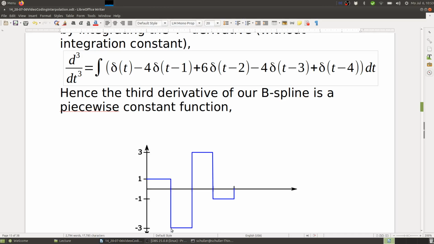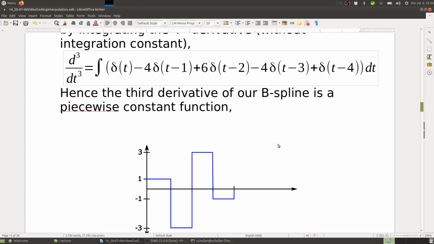Then we end up at -3, until we hit the next Dirac at position 2, which has an area of +6. So we go from -3 to +3, stay there until we get to the Dirac at position 3, which has the area of -4. So we go from 3 to -1. And then finally the last Dirac has area 1 and we end up at 0 again.